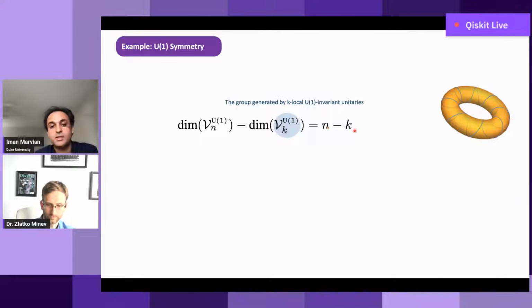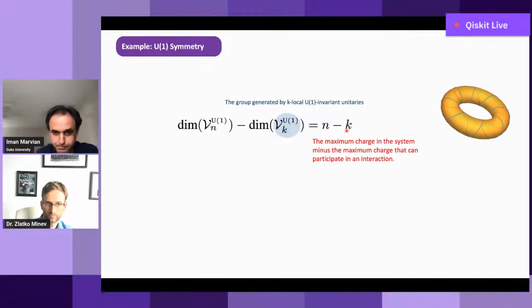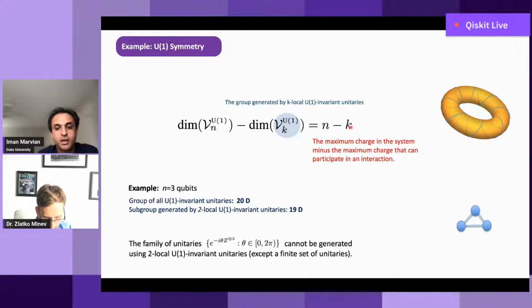So you see, unless k is equal to n, which means that your gates are acting on the entire system, it's not possible to generate a general U1 invariant unitary using k-local U1 invariant unitaries. You can interpret this number, n minus k, as the maximum charge that can be in the system minus the maximum charge that can participate in interaction.